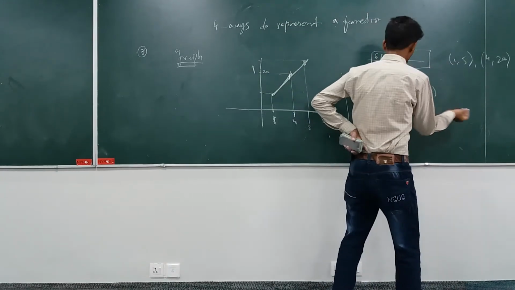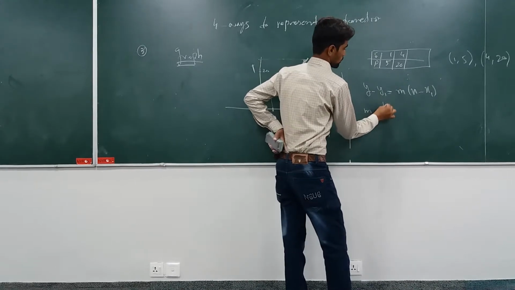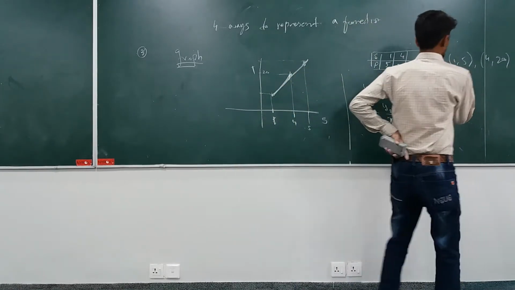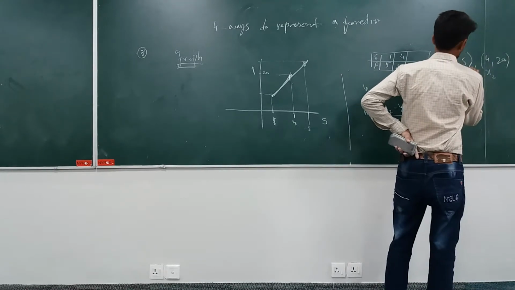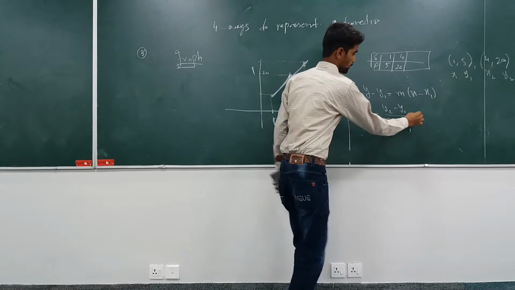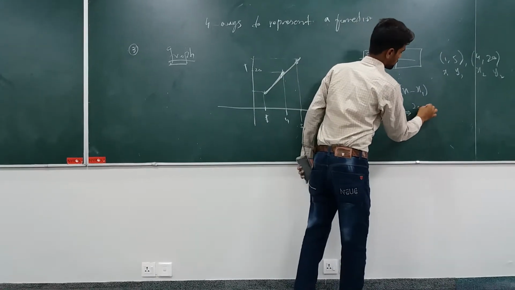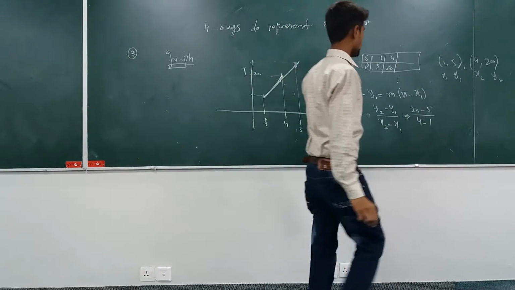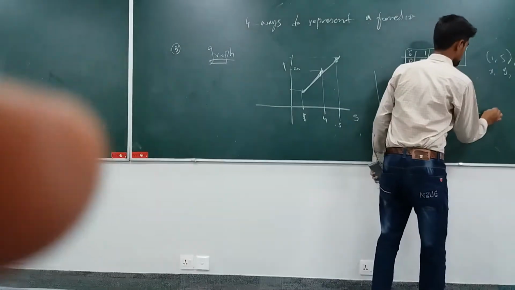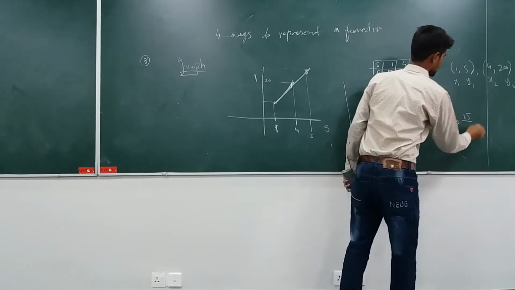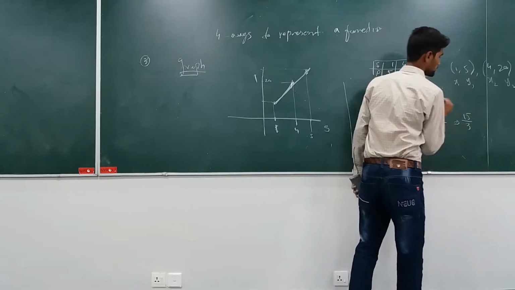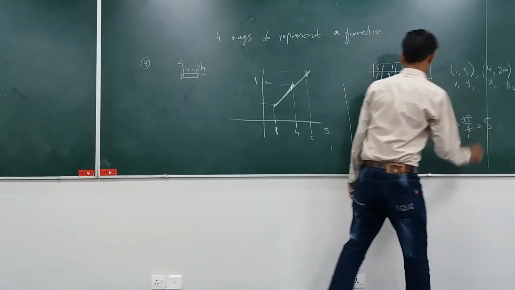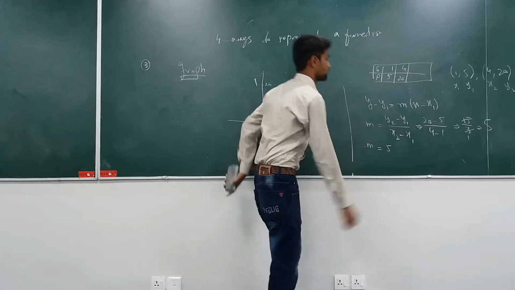The slope m = (y2 - y1)/(x2 - x1) = (20 - 5)/(4 - 1) = 15/3 = 5. So our slope m is equal to 5.